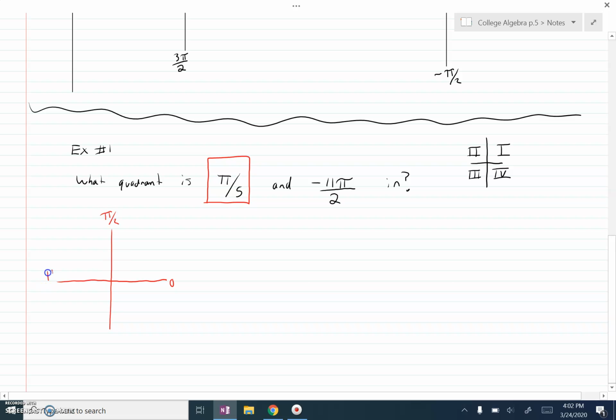I know that this is pi over 2, this is pi, and this is 1.5 pi. Pi over 5 is the same thing as 1/5 pi, which is not even half of a pi, so it's someplace in this region here. The angle would be right about here, so it would be in quadrant 1.